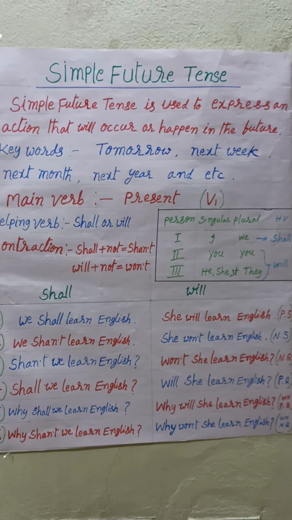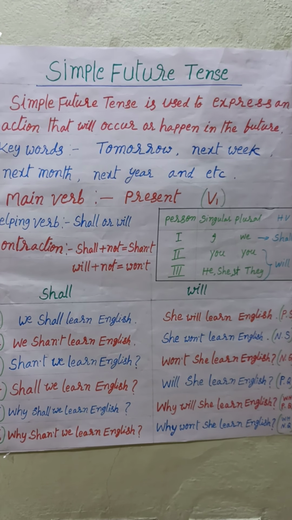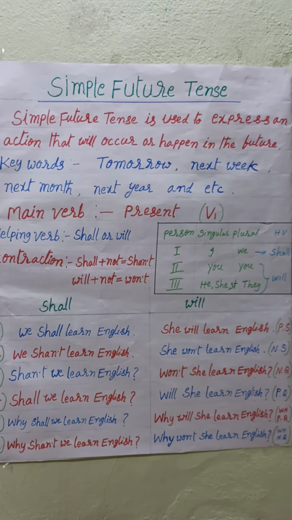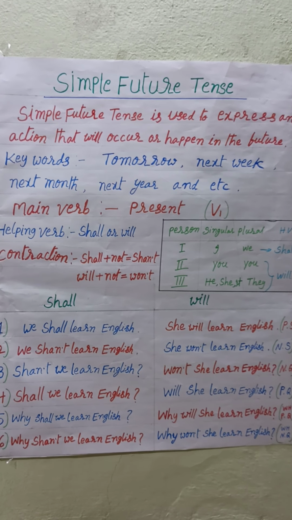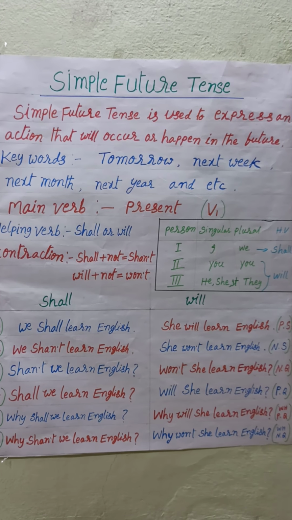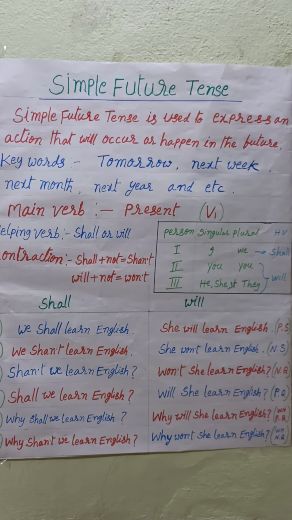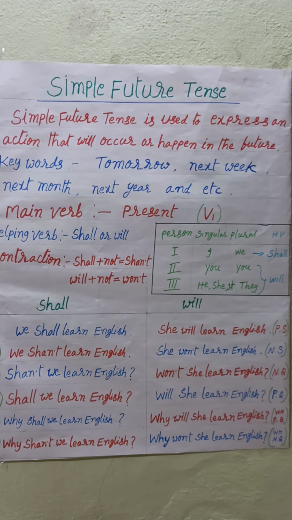For example, we know that every sentence has 6 forms or 6 types.